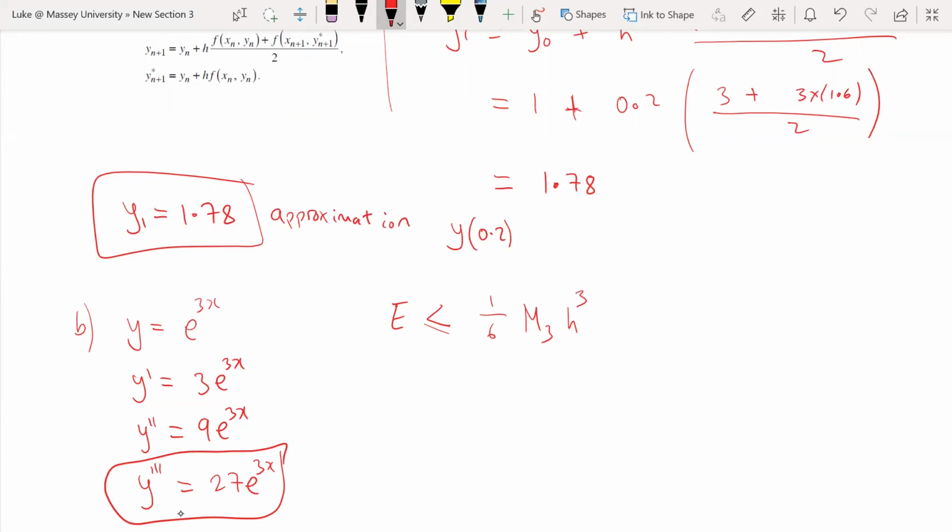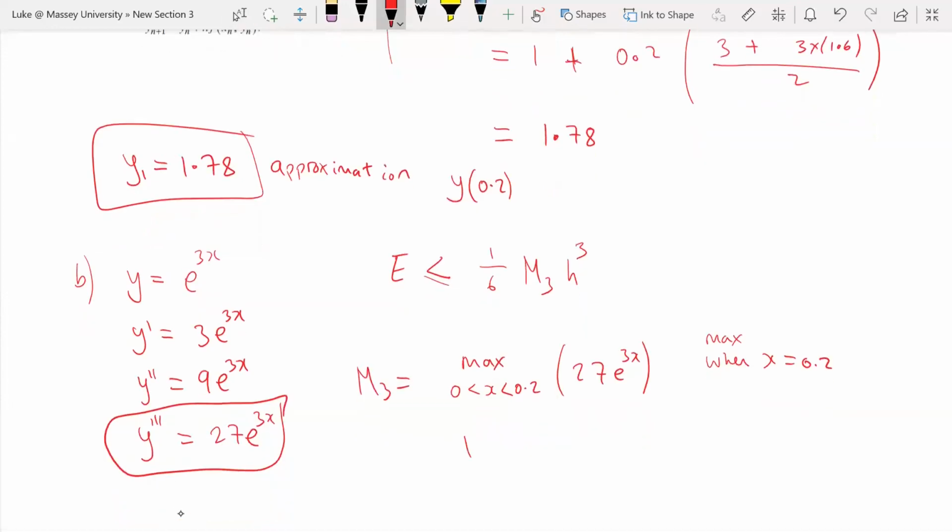Okay, great. So M3 equals the maximum on x0, which was 0, to 0.2 of 27e to the 3x. Well, this is going to be a maximum because the exponential is monotonically increasing. So this is going to be max when x equals 0.2. If I plug in the numbers here, when x equals 0.2, M3 is roughly 49.2.